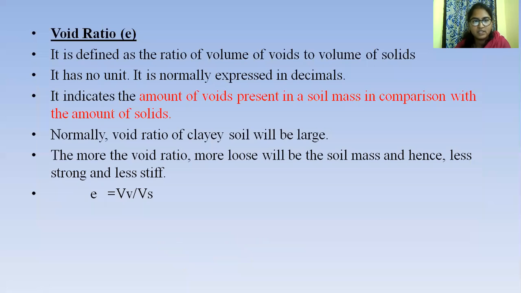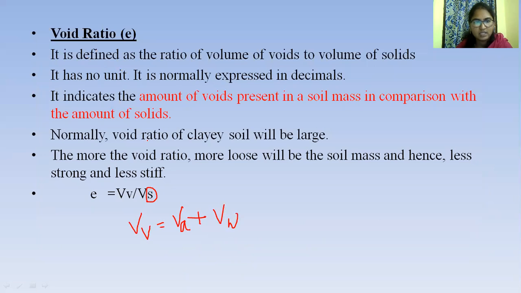Now the first definition, void ratio. Void ratio, the symbol e, is equal to the volume of voids divided by the volume of solids. The space between the soil particles is filled by either air or water, so, as already written, the volume of voids is equal to the volume of air plus the volume of water.